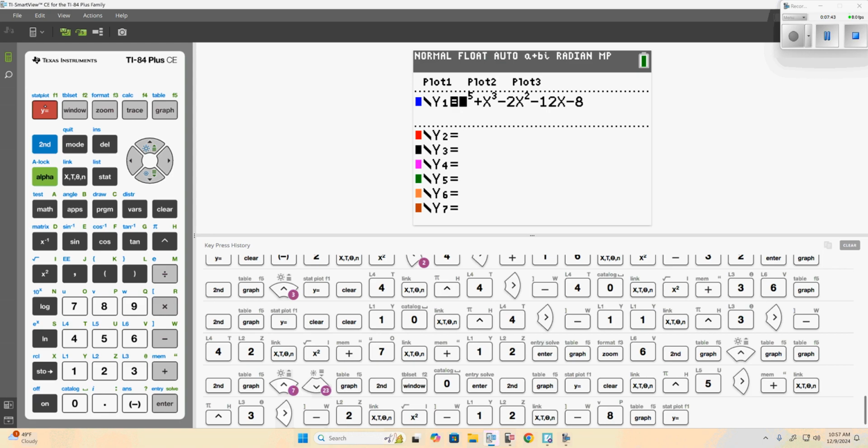So use the button above the division key, and then we can type the number in. Questions on how to type this in? How do you type it in? Y equals, like you do when you graph. The x button is next to alpha.